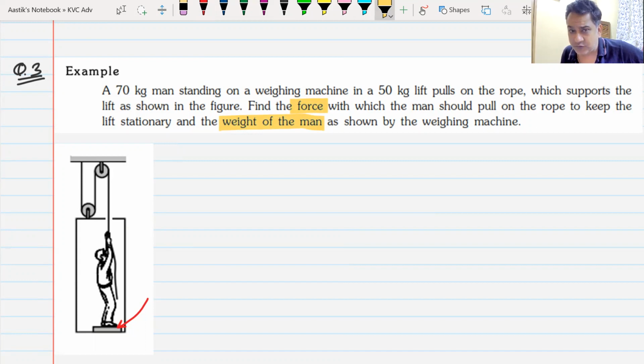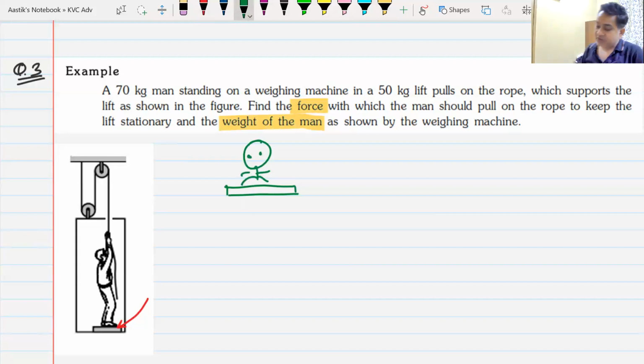So you have to find out two things: the force with which the man should pull and the weight of the man on the weighing machine. Whenever you are weighing your weight on the weighing machine, what does it tell you? If you are standing on top of the weighing machine, what reading does it give you?